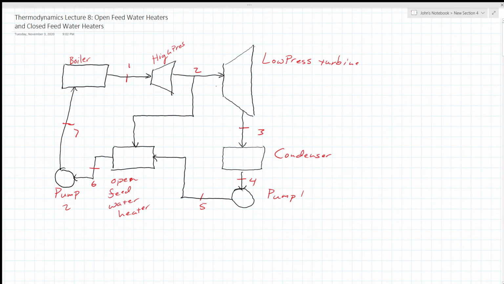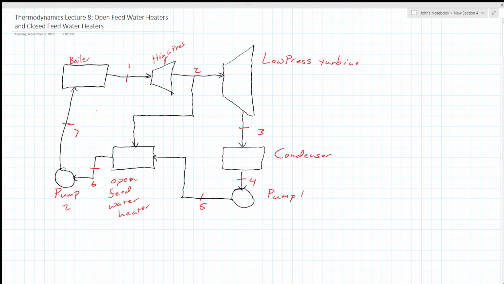Now, this portion that was siphoned off between the high pressure and low pressure turbine is still superheated steam, because remember, we're sending superheated steam into the low pressure turbine. This superheated steam enters the open feed water heater, mixes with the liquid water coming from pump 1, and preheats that water.